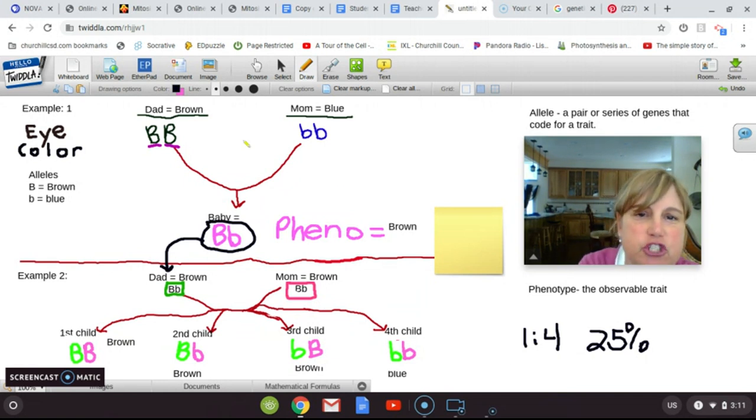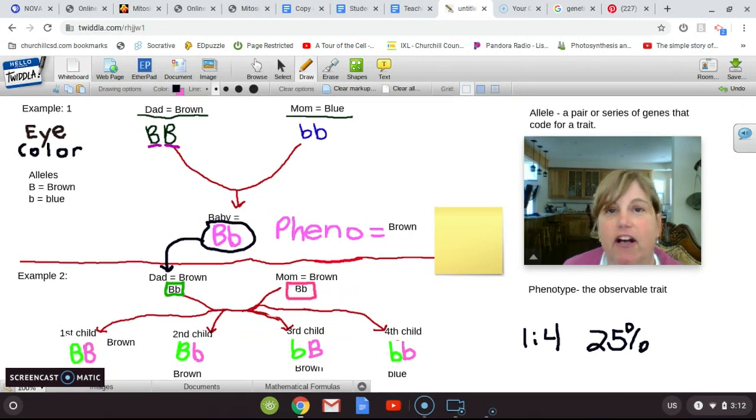So this is what happened to Mendel. In Mendel's first generation, only the dominant alleles of tall and yellow were able to show. And so he was like, gosh, they all turned out the same. They all had the dominant, which he didn't realize at the time, that there were dominant alleles.